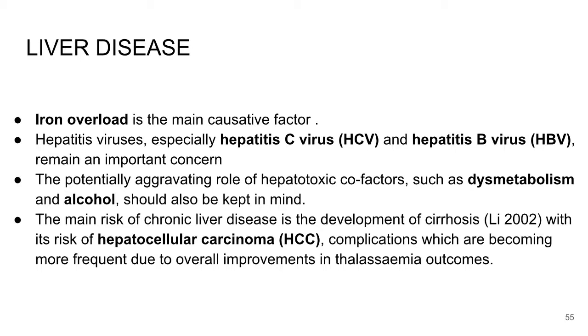Hepatitis viruses, especially hepatitis C and hepatitis B, remain an important concern. The potentially aggravating role of hepatotoxic cofactors such as dysmetabolism and alcohol should also be kept in mind. The main risk of chronic liver disease is the development of cirrhosis with its risk of hepatocellular carcinoma, complications which are becoming more frequent due to overall improvements in thalassemia outcomes.